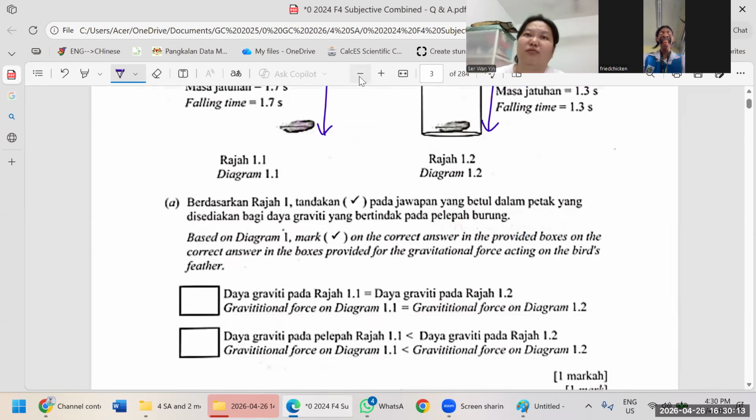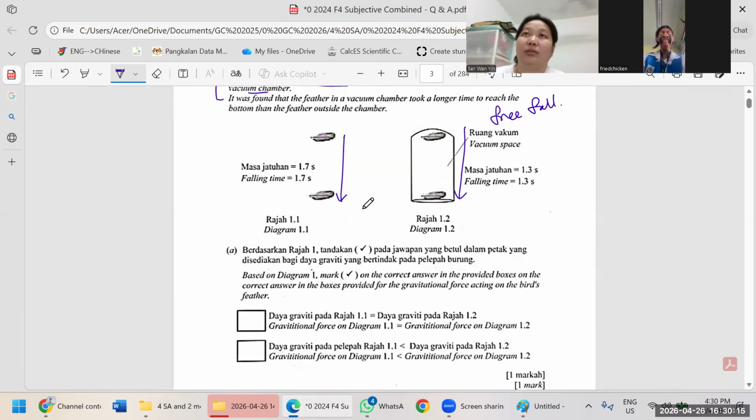Okay, so now how? What do you think? Line A. Which one is correct? Up or down correct? Down. Up, down. Fast. Up.